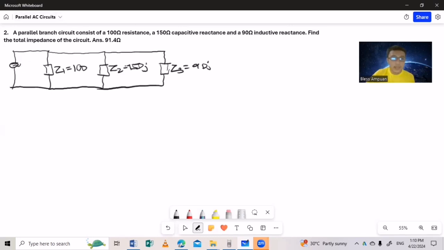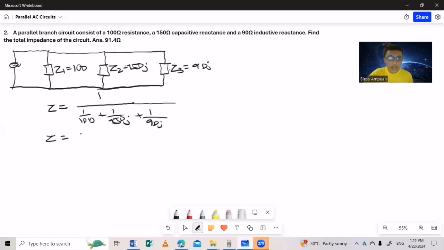To get the total impedance, the combination of the three is equal to 1 over 100 plus 1 over negative 150 J plus 1 over 90 J. The total impedance is 91.38 at an angle of 23.96 degrees. So therefore, the total impedance is 91.38.